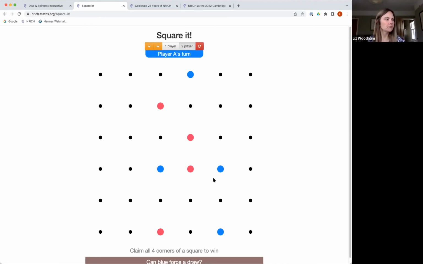I'll go all the way to the right and then 3 up. This one here. Okay. I keep worrying that you've got something planned that I haven't spotted. I wish I did have something planned. Okay, I think I'm going to go 1 along and 1 up.